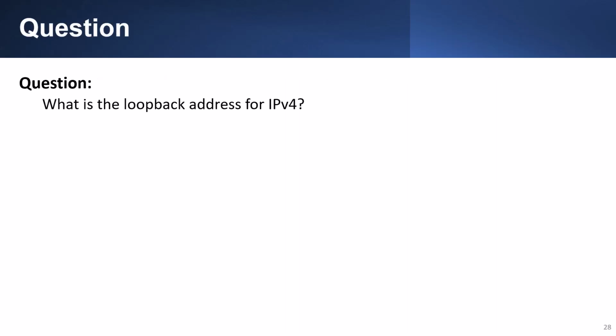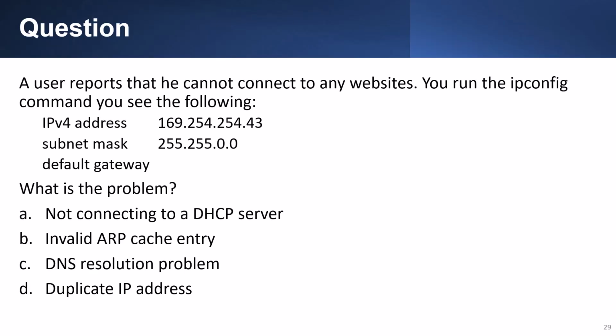Question: what is the loopback address for IPv4? Answer: 127.0.0.1. Question: a user reports that he cannot connect to any websites.